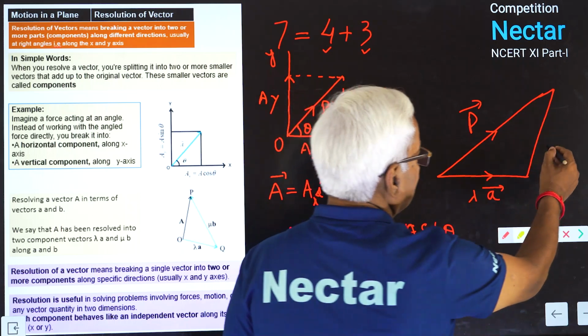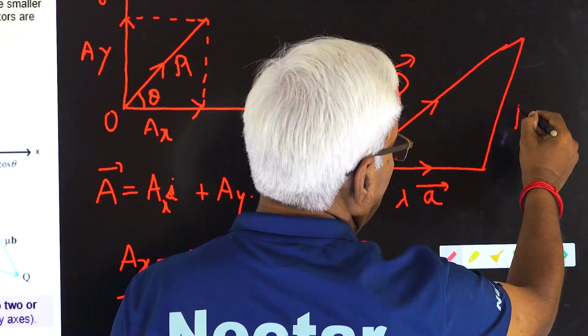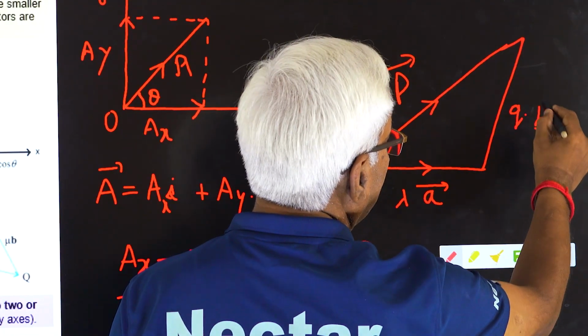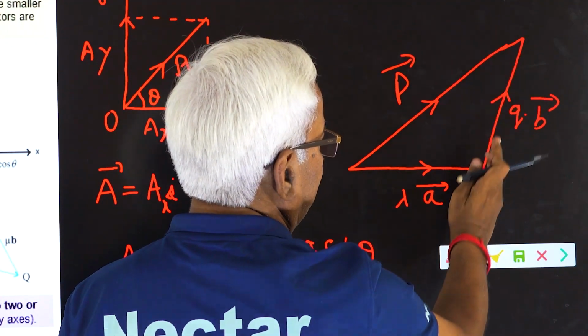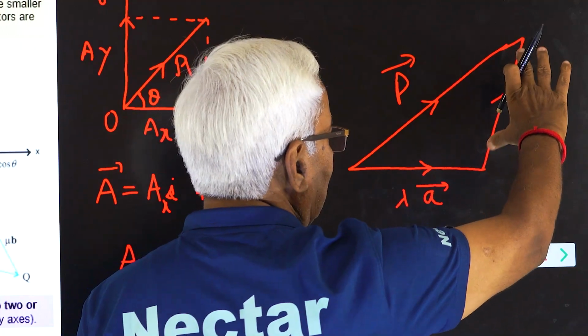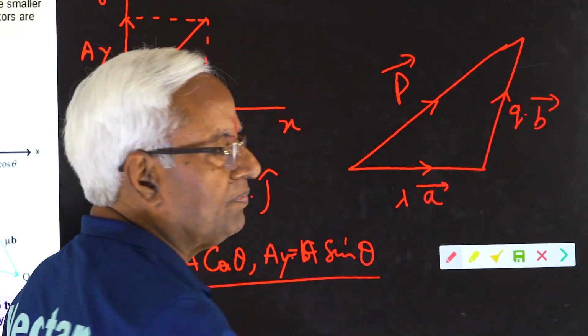Similarly, this is vector B, the direction of B is this one, and its value will be equal to mu B.